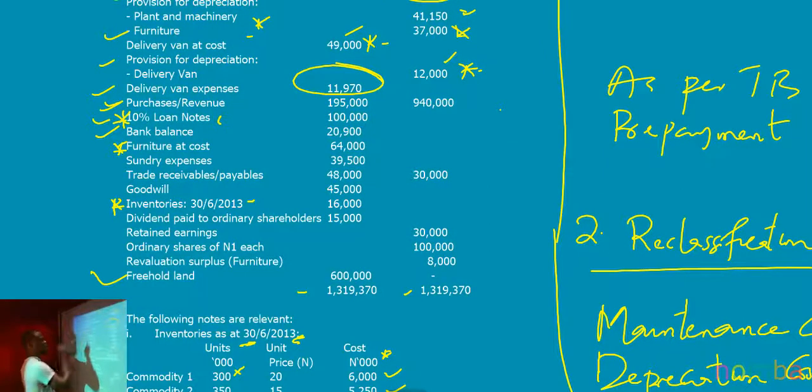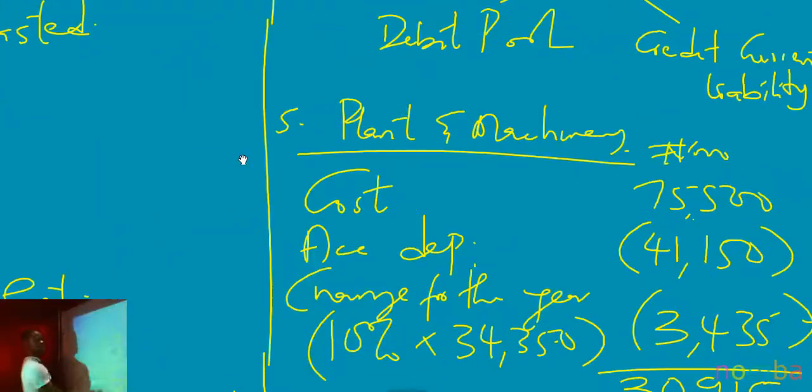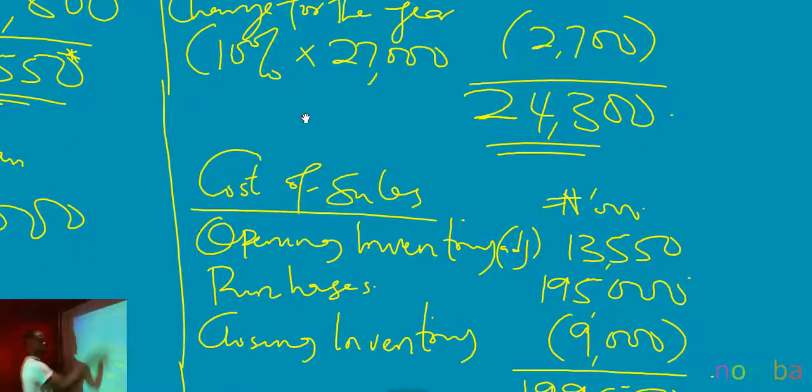Then we have bank balance. We have furniture at cost. And we have sundry expenses. And this sundry expenses here is 39,500. So we need to go and recognize sundry expenses as 39,500.